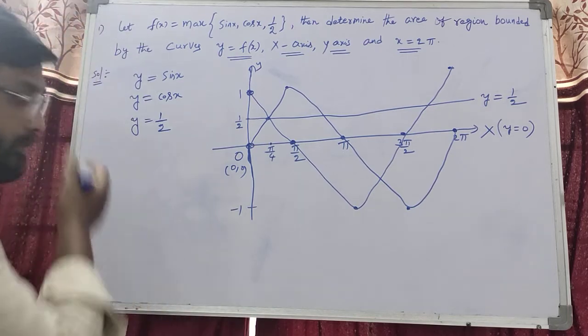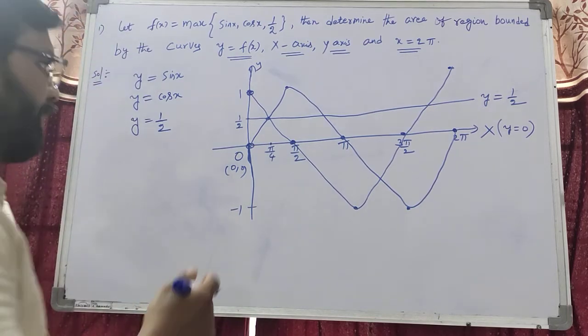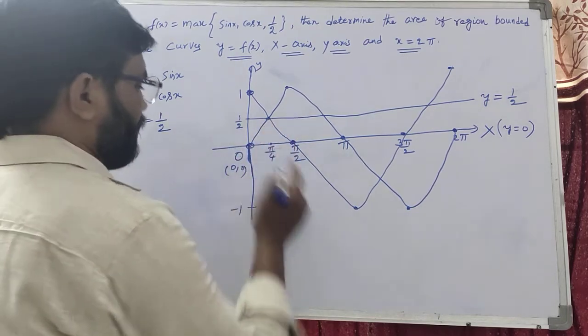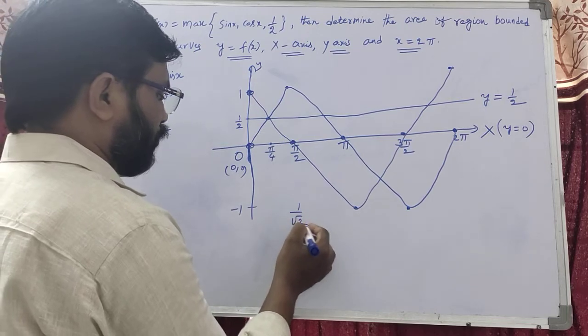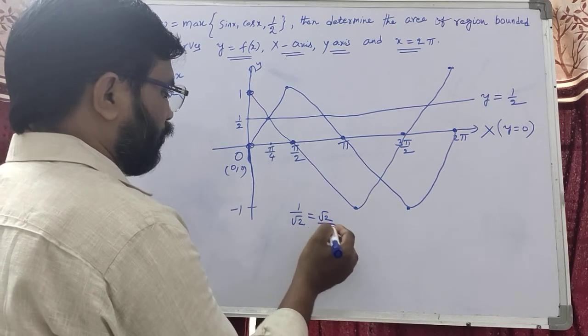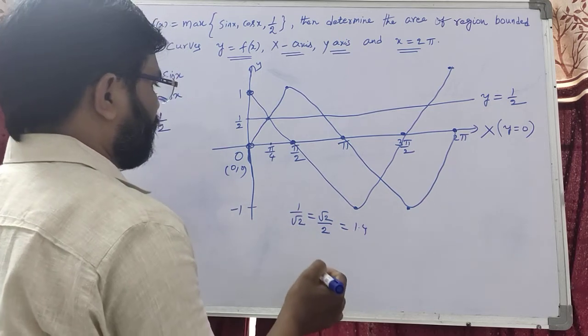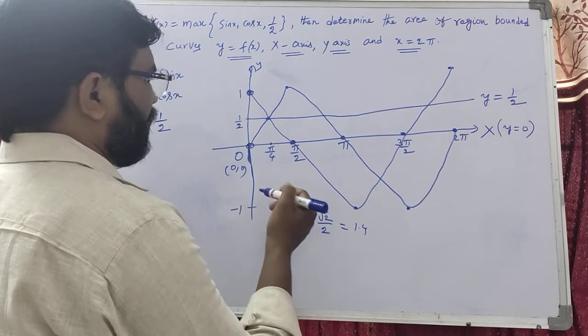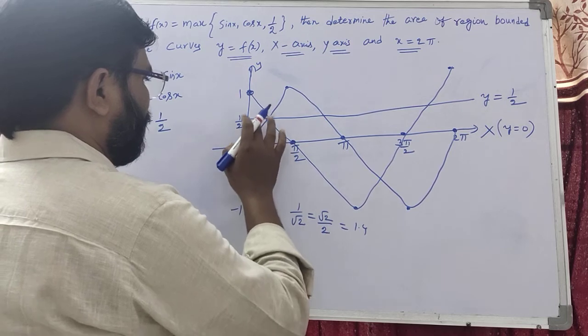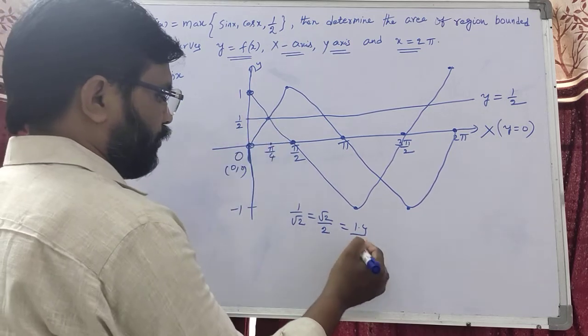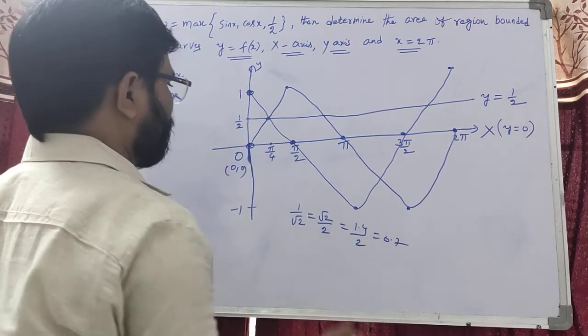One minute, students, just one minute. A small mistake is there. 1 by root 2 is root 2 by 2. This is 1.41. So that means, dear students, 1.41 by 2 is 0.7. This is 0.7.